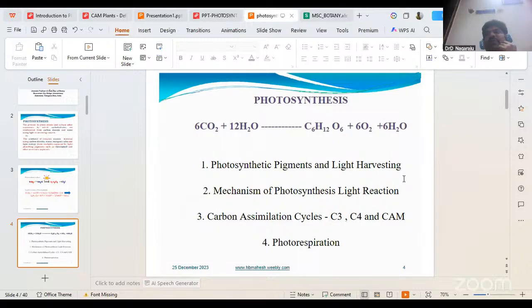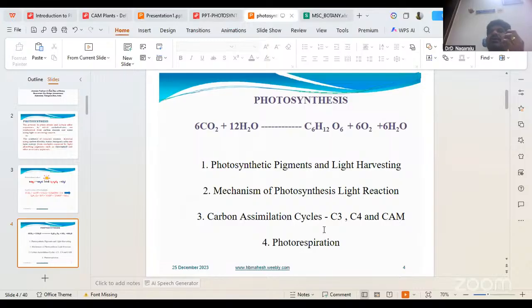ATP and NADPH we call assimilation energy. The second is the mechanism of photosynthesis, especially the light reaction, the light dependent reaction, and the light independent reaction. First the light reaction we will discuss, and then the dark reaction, that means assimilation of the carbons.